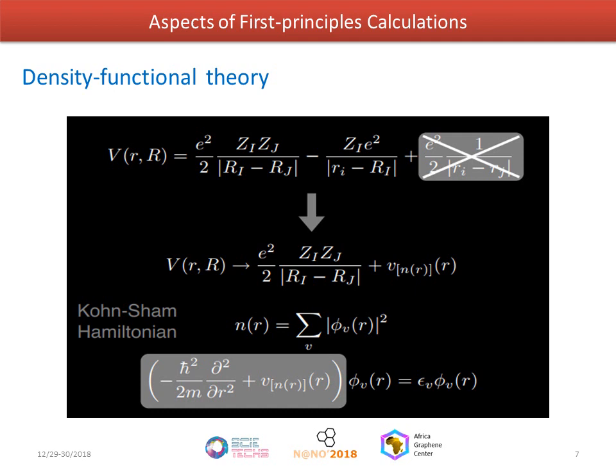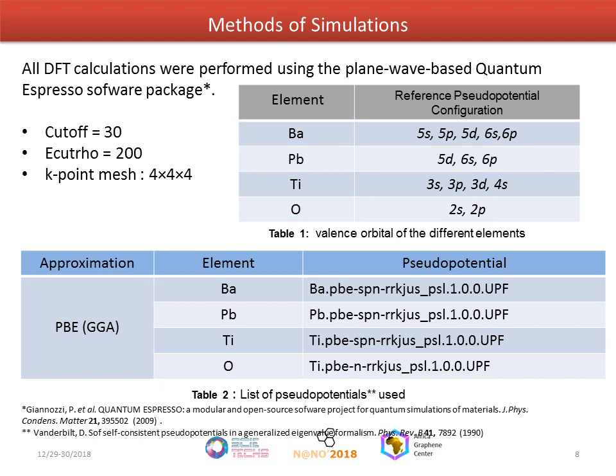To translate these theoretical aspects, we chose Quantum ESPRESSO as the numerical simulation code. All the DFT calculations in our work were performed using the plane-wave-based Quantum ESPRESSO software package. The energy cutoff for the plane-wave basis states was 50 and 200 for the charge density cutoff, along with ultrasoft pseudopotentials that represent the electron-ion interaction.